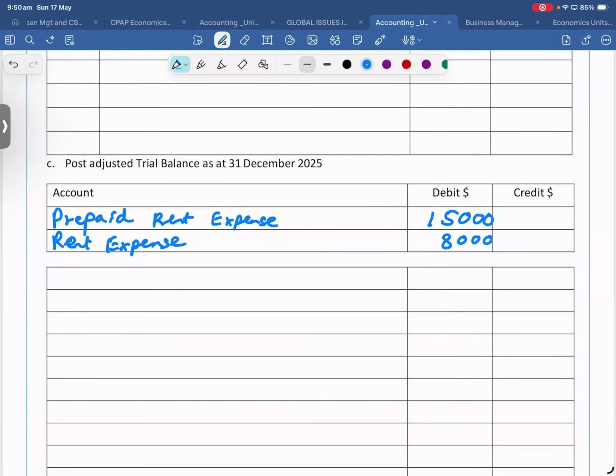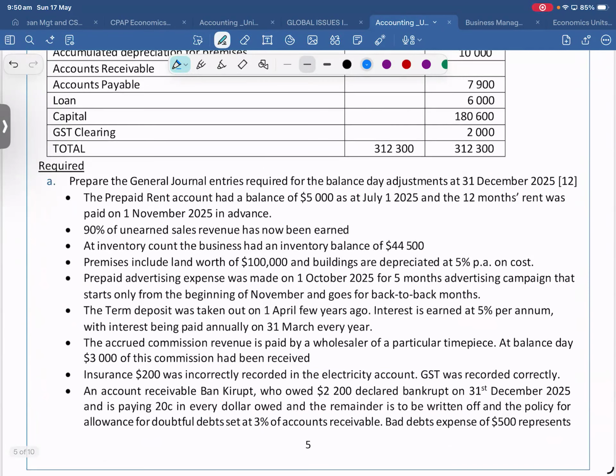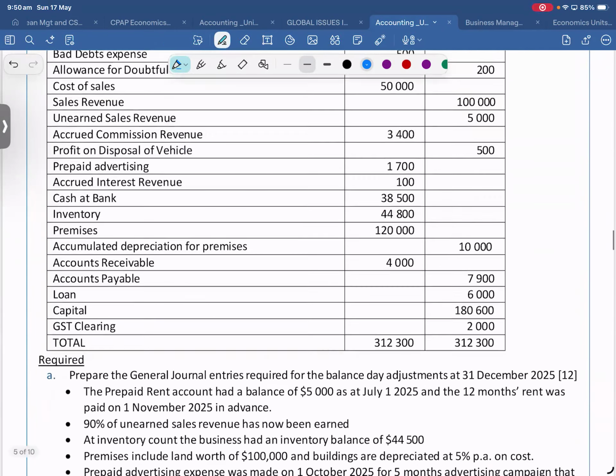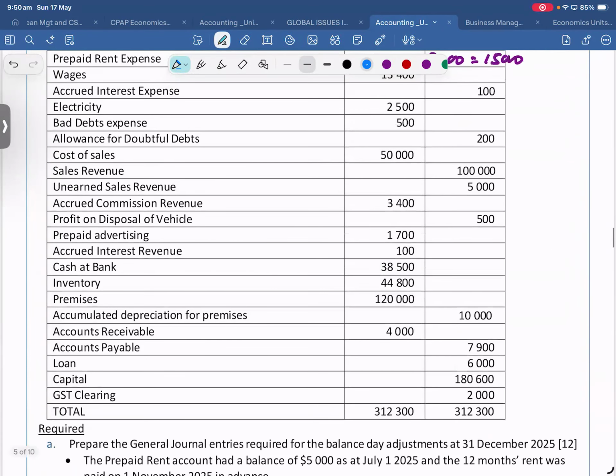90% of unearned sales revenue has now been earned. Okay. How much is unearned sales, guys? 5,000. What do we do with the 5,000? 90% of 5,000, so that's 4,500.